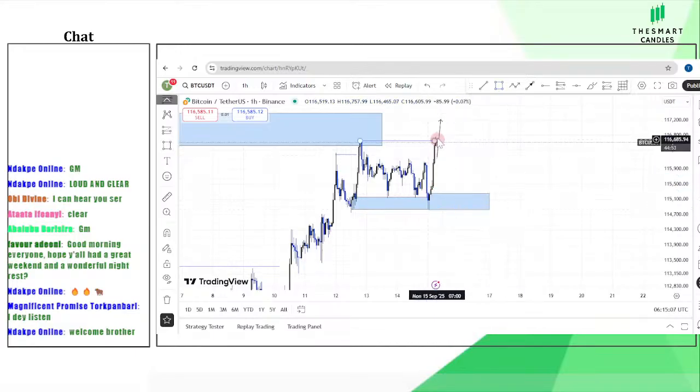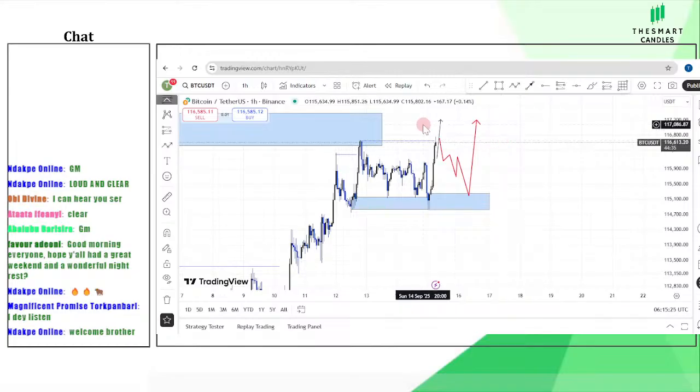And we want to see inducement being created at this point. There should be some level of price coming down, maybe something like this, and tap in. Then we want to continue the price to the upside.